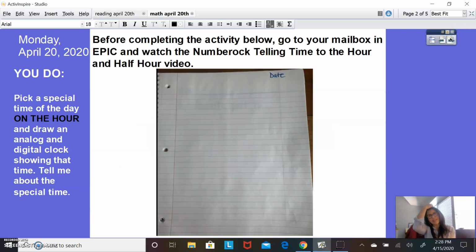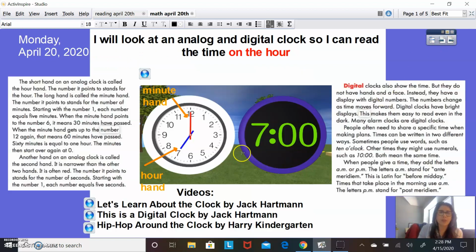So today what you're going to do is pick a special time of the day on the hour. So we're not going to choose 10:30 or 10:15 or 10:20. It's on the hour. So this would be where the minute hand would be straight up on the 12, and your hour hand would be pointed to one of these numbers.